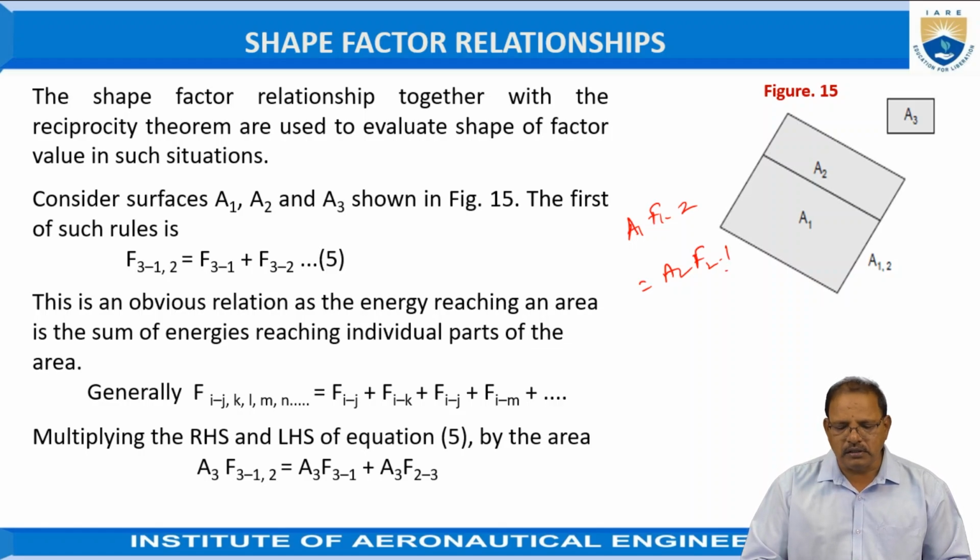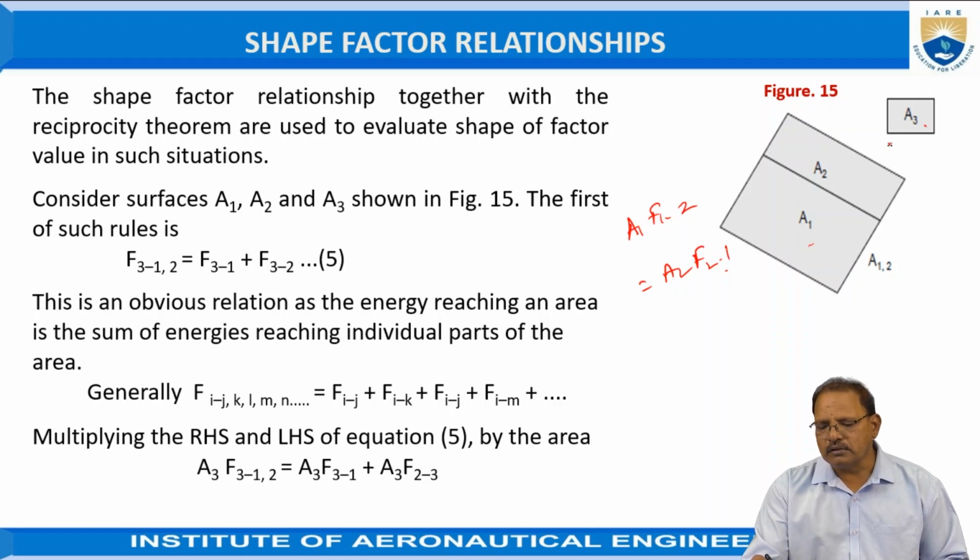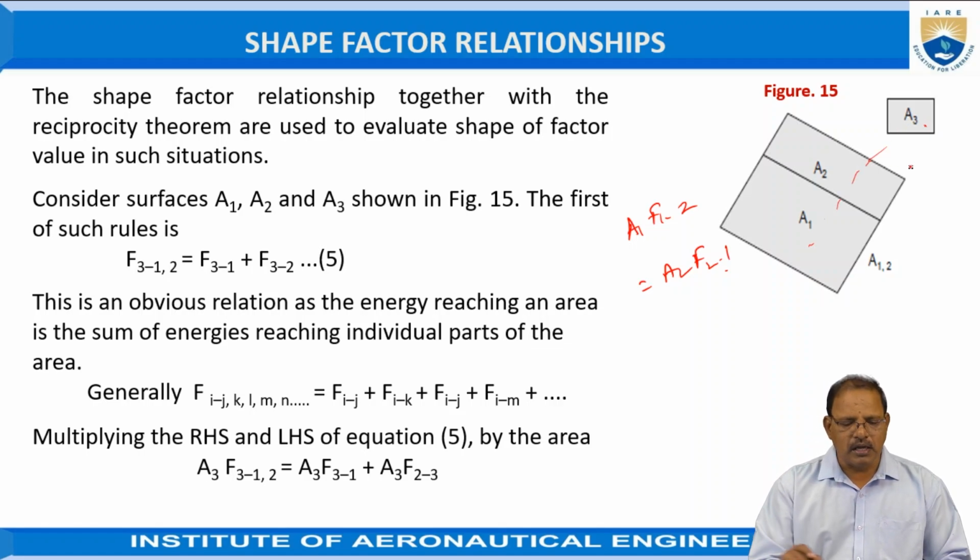The first such rule is that the shape factor from 3 to 1 plus 2, that is F3 to (1,2), is equal to the sum of the shape factor of 3 to 1 plus the shape factor of 3 to 2. This is obvious, as the energy reaching an area is the sum of the energies reaching individual parts of the area.